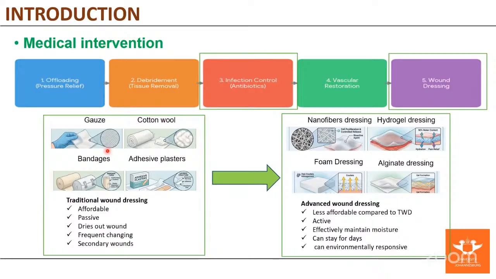However, they are more active in terms of addressing the specific issues that are associated with these types of wounds. And they can be tailored to maintain an effective wound environment depending on the formulation process. And they can be left for days. In some cases, they're expected to self-degrade when they're in the wound. And they can also be tailored to respond to environmental cues such as pH and temperature.